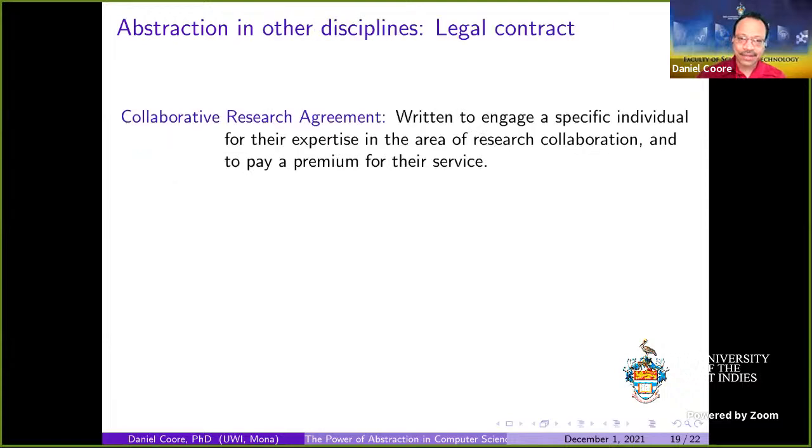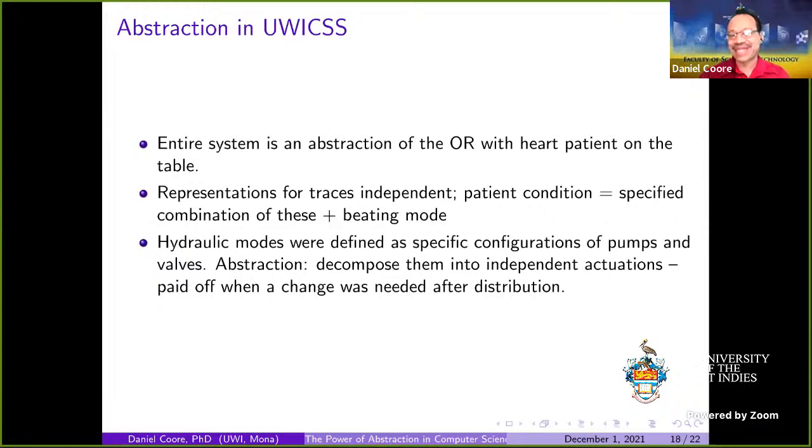So that is the full story of how abstraction has played a role in these technical ways.